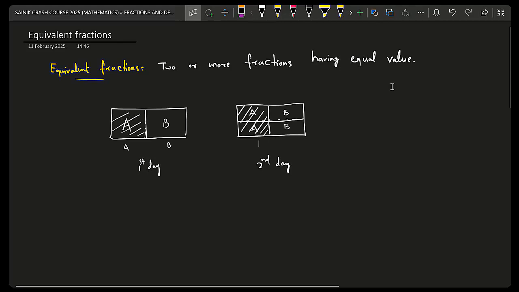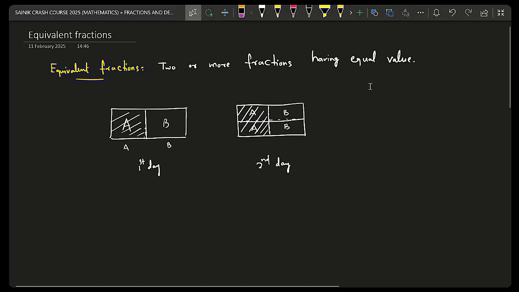Sir, A ate the same amount on the first day and the second day. A is the same, B is also the same, right? Yes, sir.